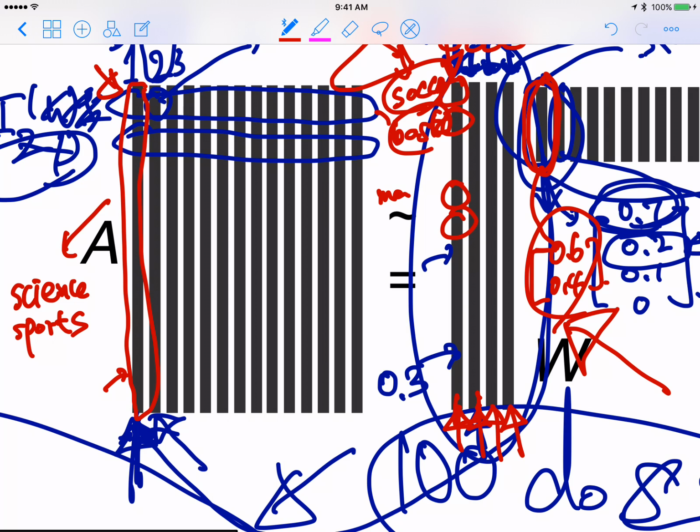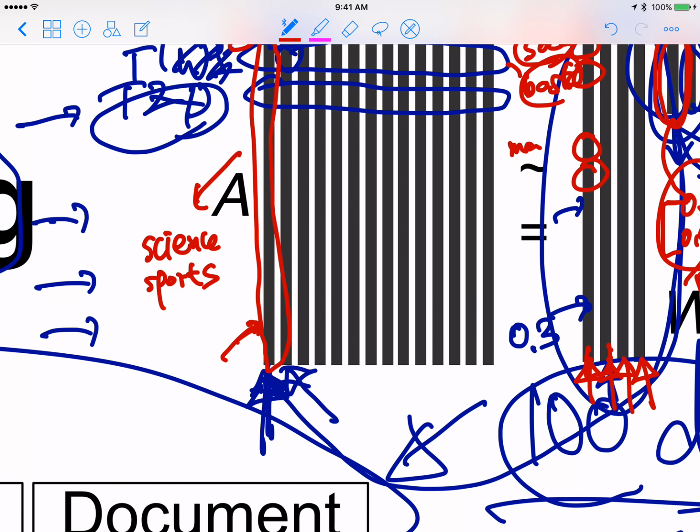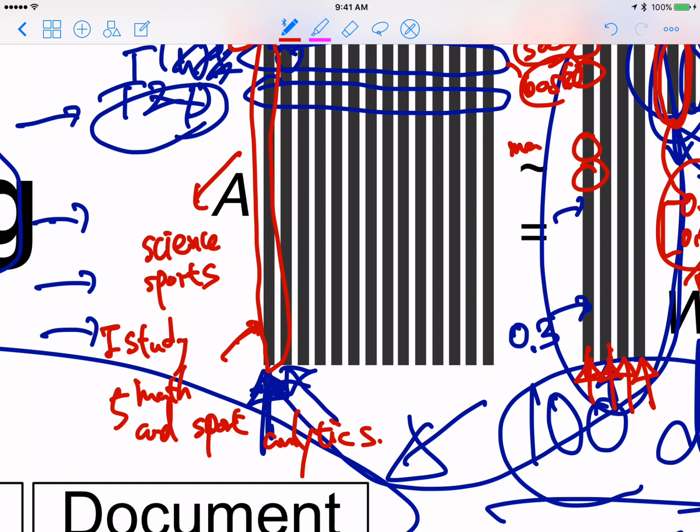Suppose the first document had maybe five different keywords: I study math and maybe sports analytics. We look at the probability of generating the keyword I from this linearly combined probability distribution, and then also the probability of generating study, math, and sports.